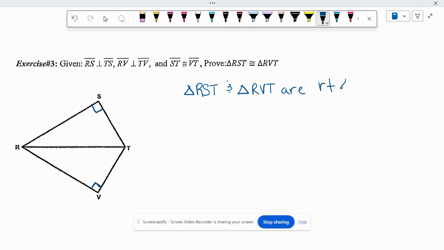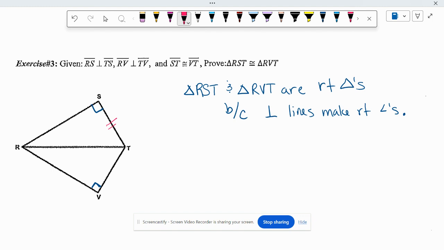They're right triangles because perpendicular lines make right angles. Okay, so we have 2 right triangles. That's good. All right. What else is our given?